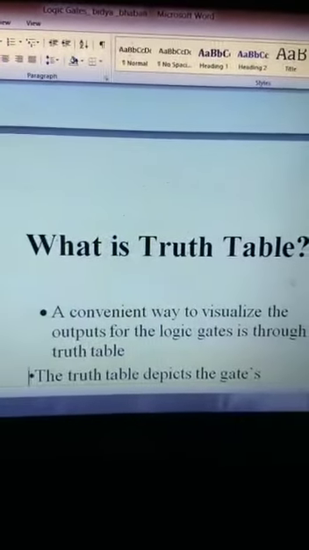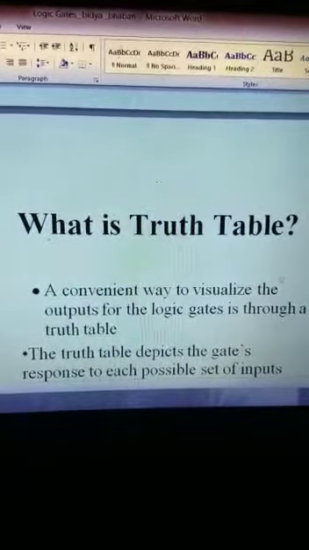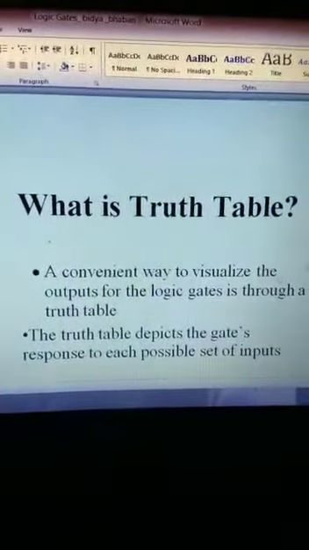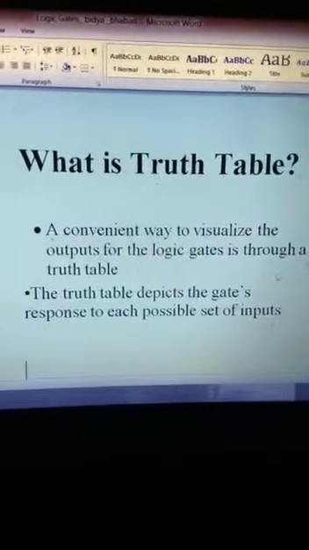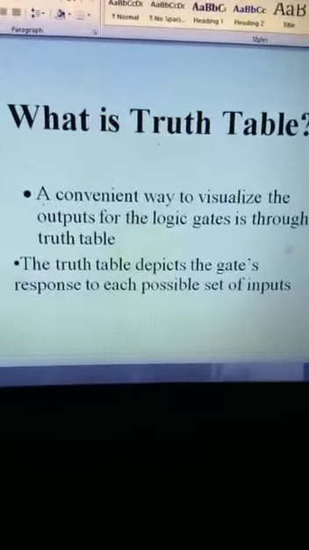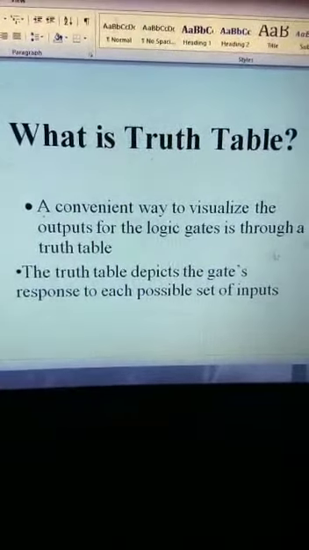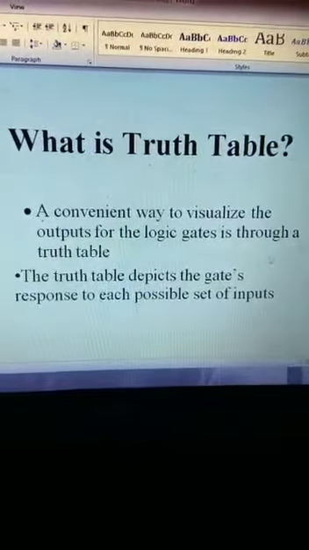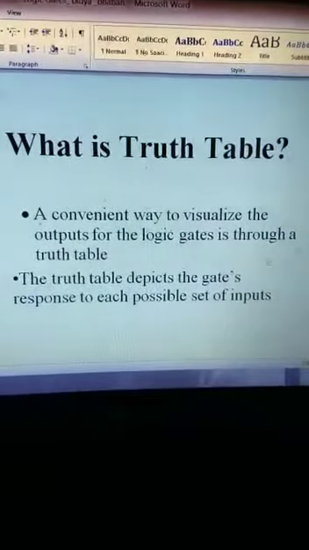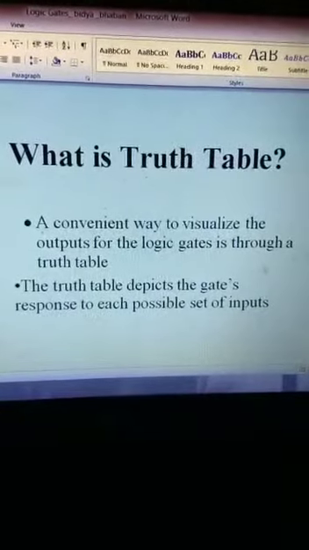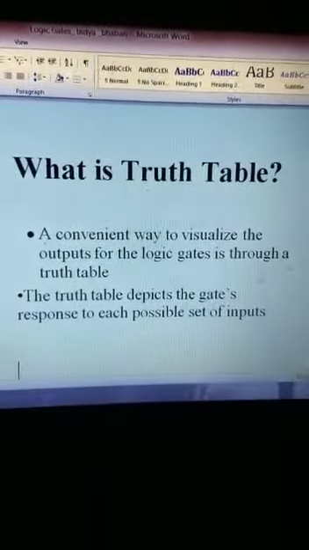Before the explanation of the gates' tables, first we have to understand what a truth table is. A truth table is a convenient way of visualizing the output. Whatever input you give to the circuit, depending upon it, what output it will generate.